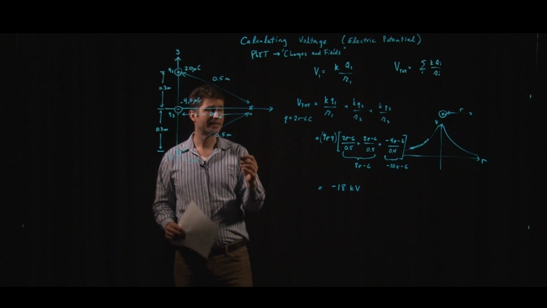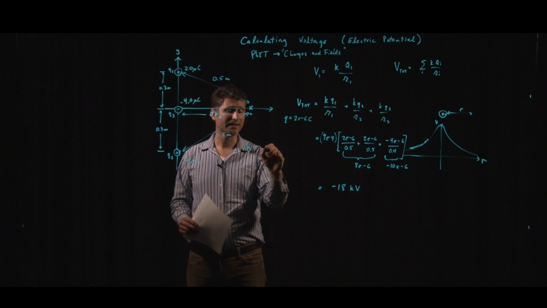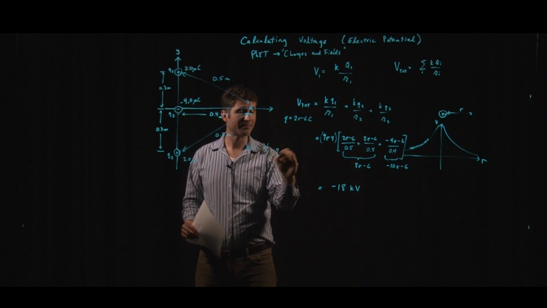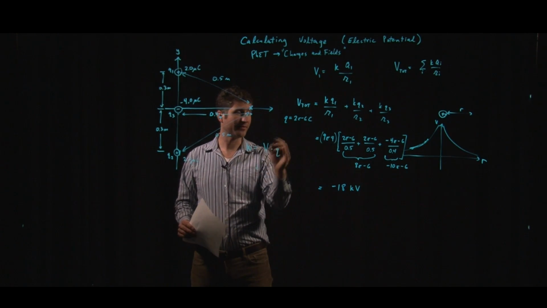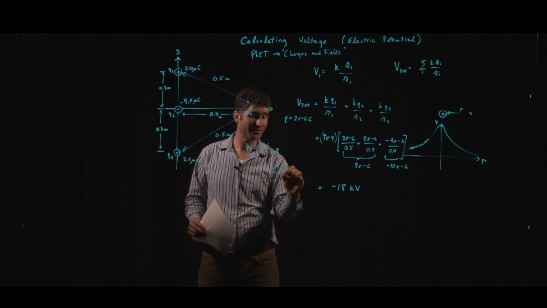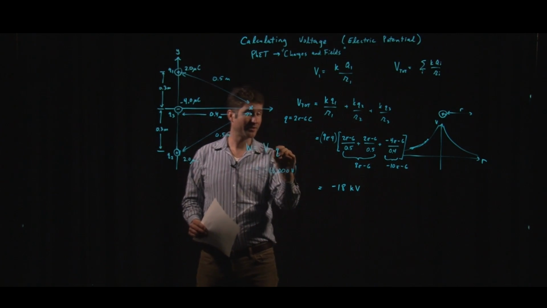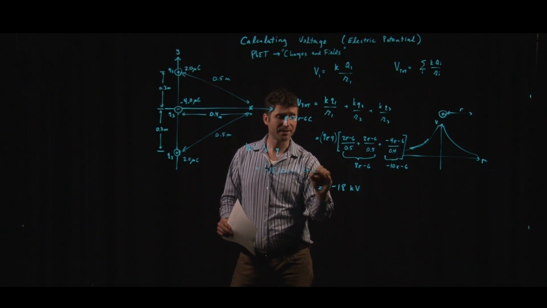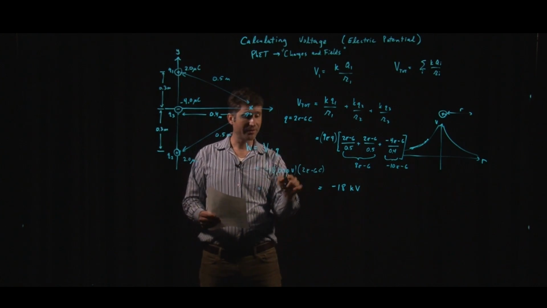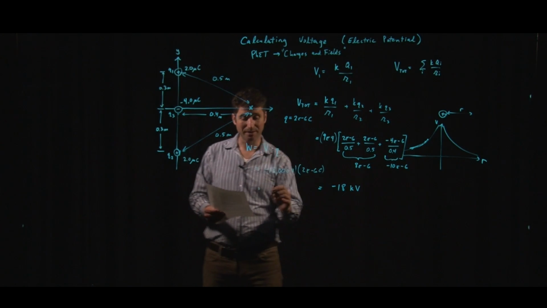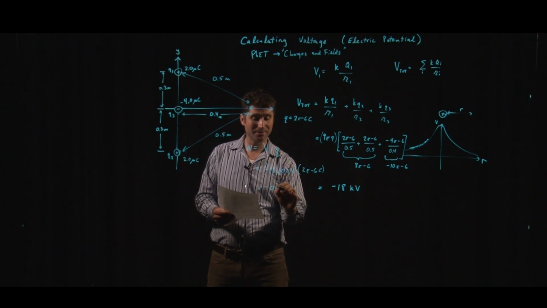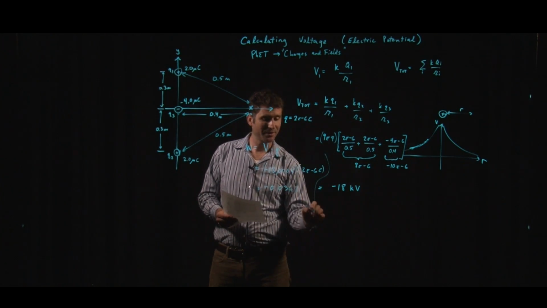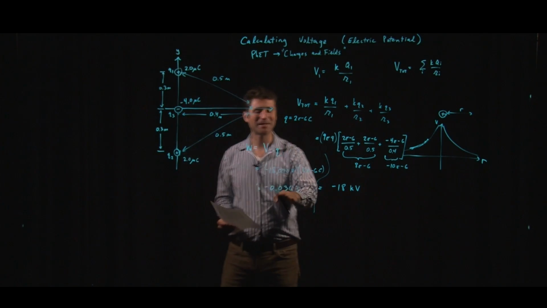I could say that the work that I did is equal to this voltage, which is the energy per charge, times this Q. So this minus 18,000 volts times this charge, 2 times 10 to the minus 6 coulombs. It turns out that a volt times a coulomb is a joule. And so this would be minus 0.036 joules.